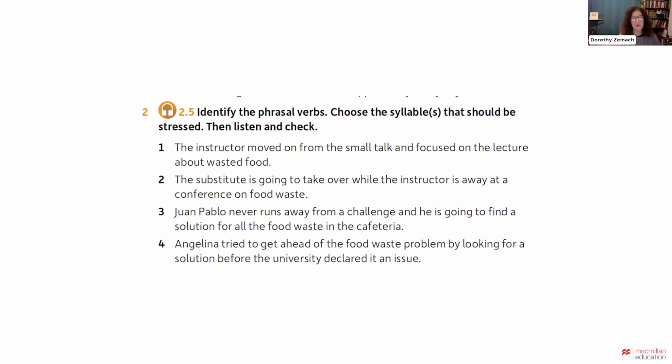I can't put into one student book all the exercises that I would do because the book would be this thick and nobody could afford it or hold it. So what I would do here is maybe some choral repetition. I might say the sentence myself, have the class say it back. We can listen to the recording, have them repeat several times, have them work in small groups or in pairs.